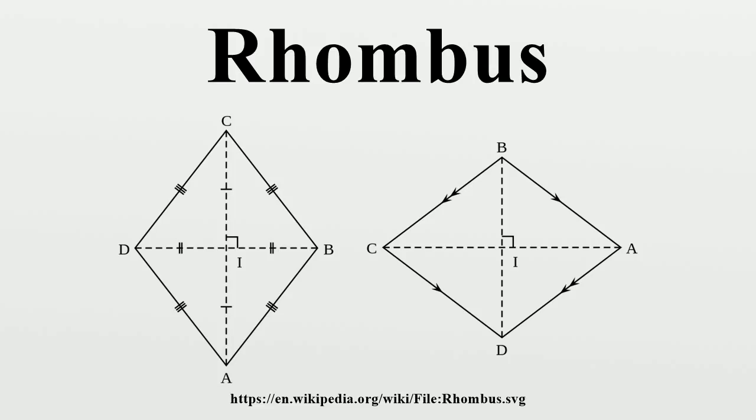A simple quadrilateral is a rhombus if and only if it is any one of the following: a quadrilateral with four sides of equal length, a quadrilateral in which the diagonals are perpendicular and bisect each other, a quadrilateral in which each diagonal bisects two opposite interior angles, a parallelogram in which a diagonal bisects an interior angle, a parallelogram in which at least two consecutive sides are equal in length, a parallelogram in which the diagonals are perpendicular.